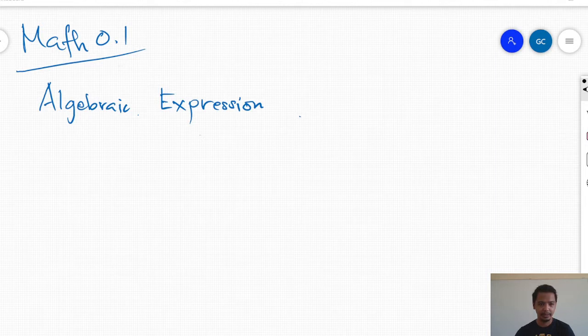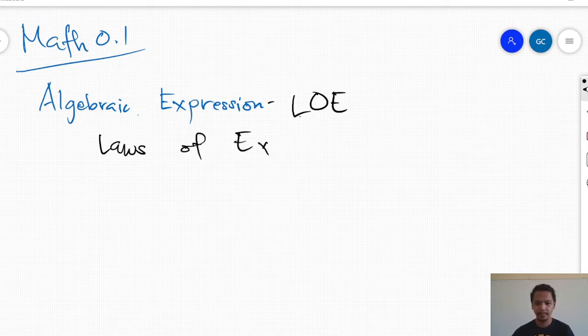So, let me just go to my whiteboard. We will be talking about LOE, or what we call loss of exponents. This is one of the basics or one of the crucial topics under algebraic expressions.